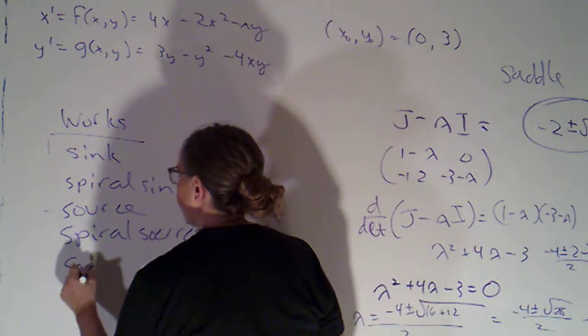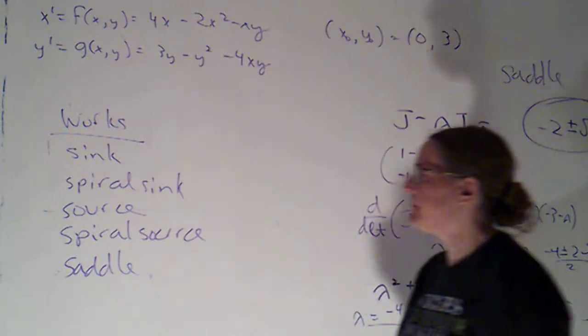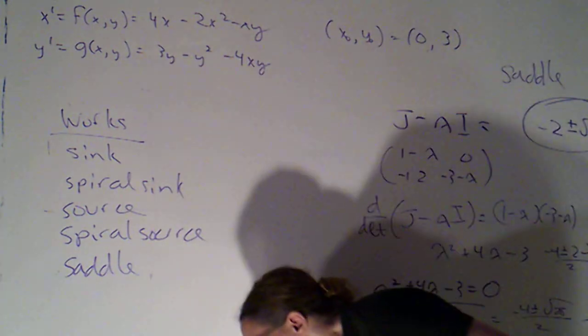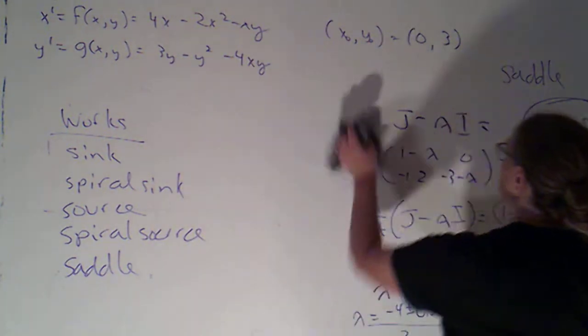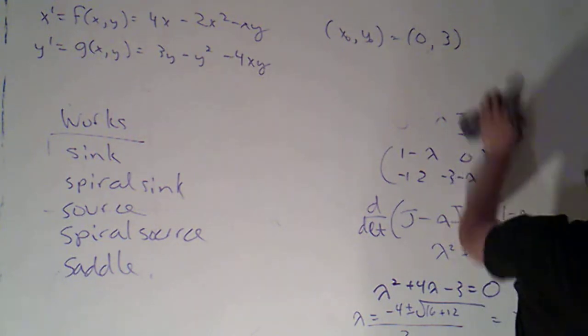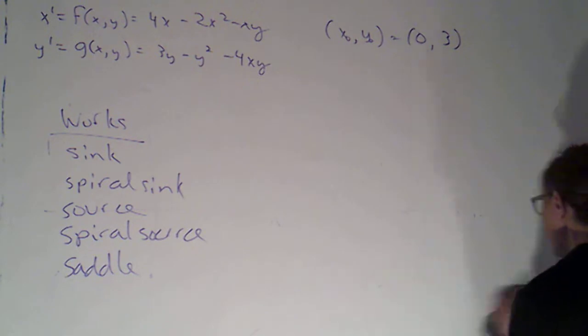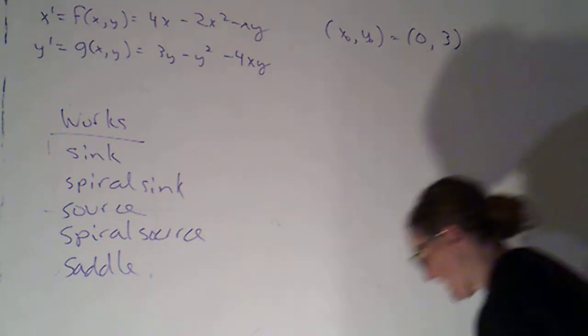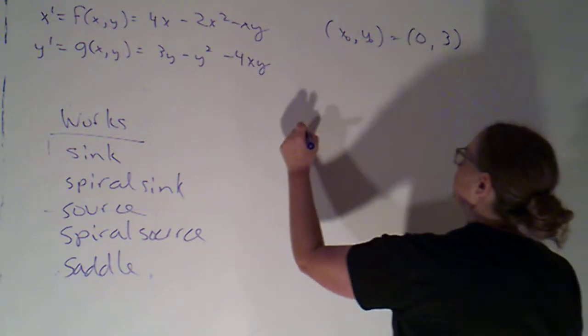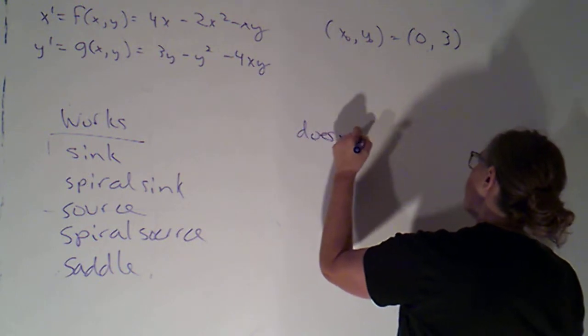Or if we have a saddle. If, when we come up with the linearized system, we classify our equilibrium point there, we can classify the equilibrium point in the nonlinear system the exact same way. So when doesn't it work?